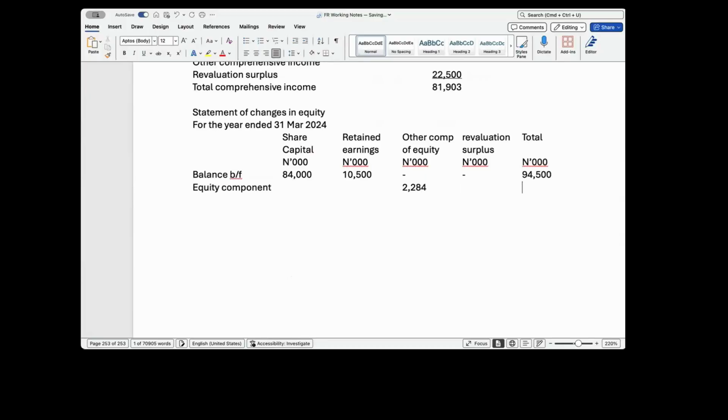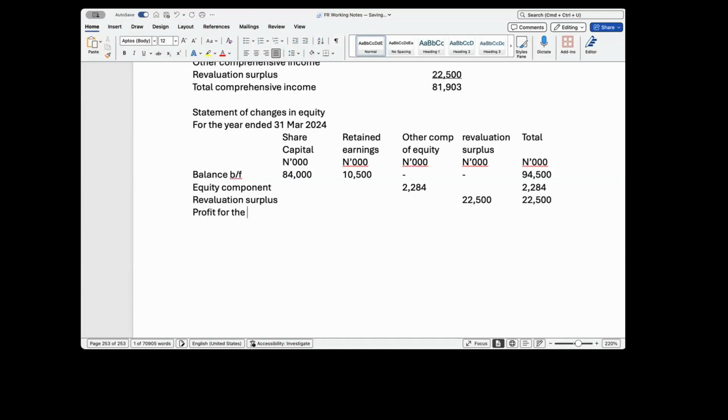Then my revaluation surplus, we solved it as 22,500.